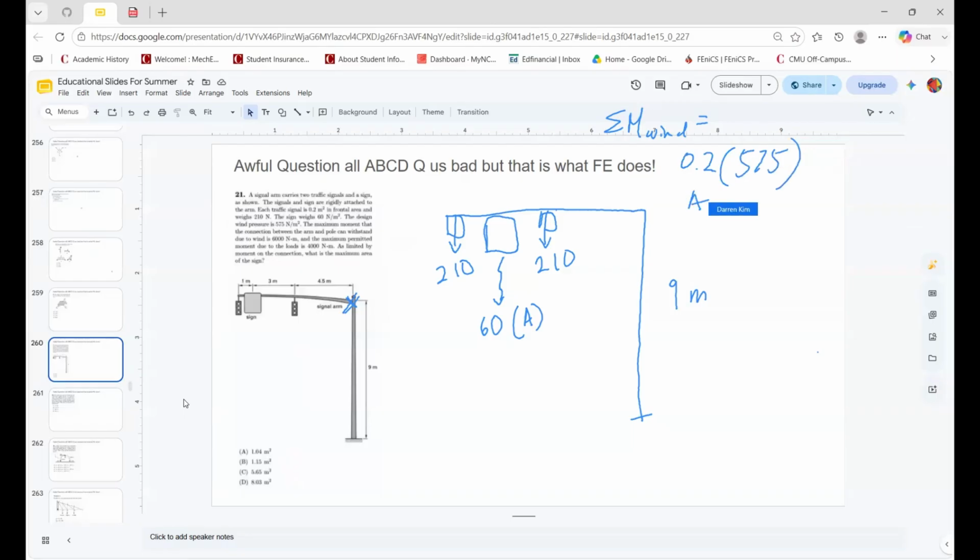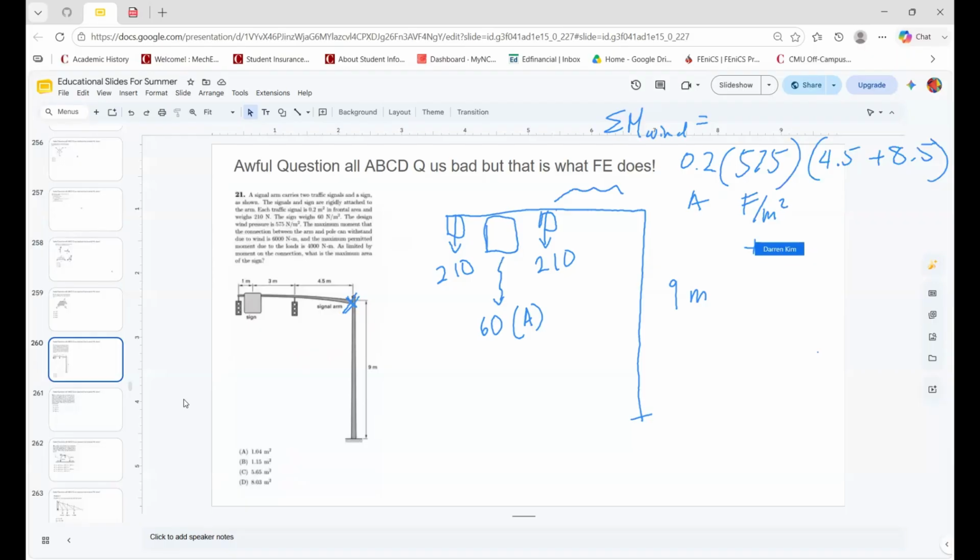This is area times this force per square meter. Then we can get the length of these two, which is given over here as 4.5. Because there's two of them, I can add another one, 8.5.